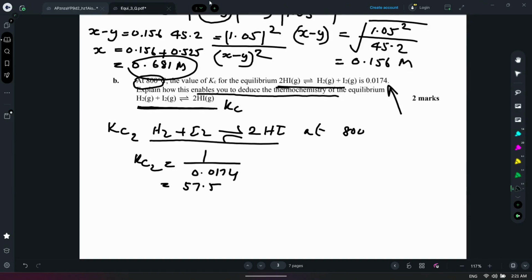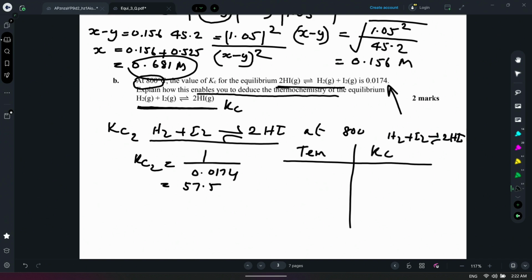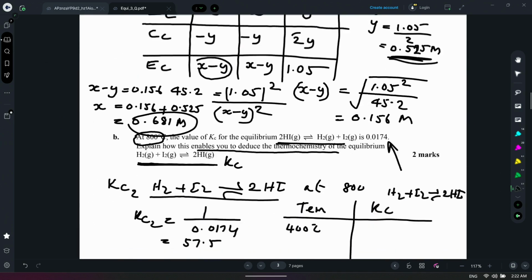Okay, I'm going to draw a table. In that table, temperature and Kc value for the reaction. What is the reaction? H2 plus I2 making 2HI. That's the reaction. Temperature 400, we've got that here, which is 45.2.